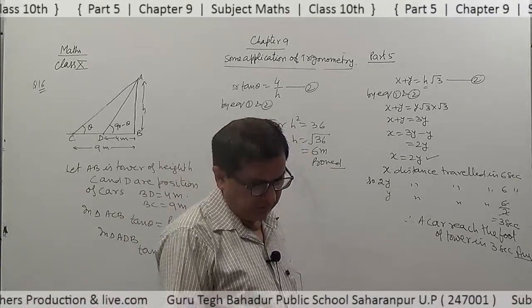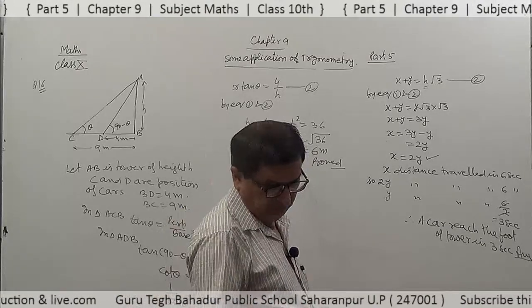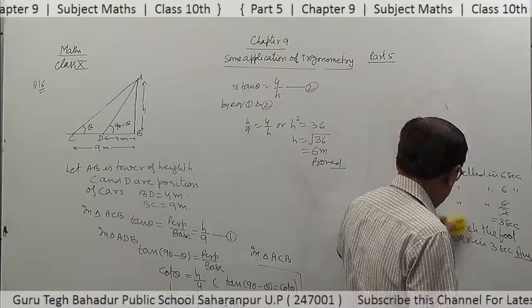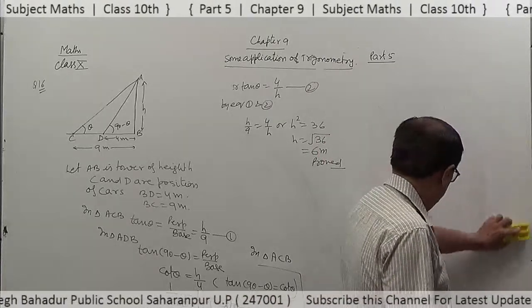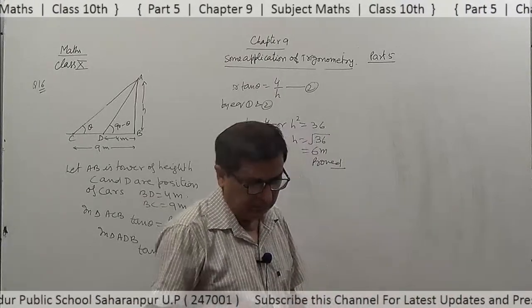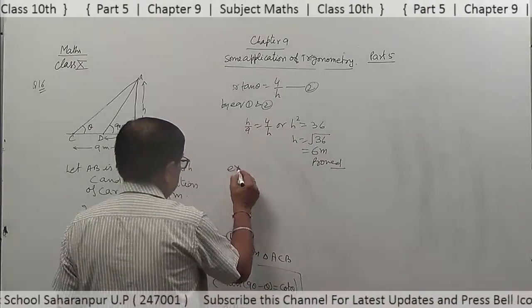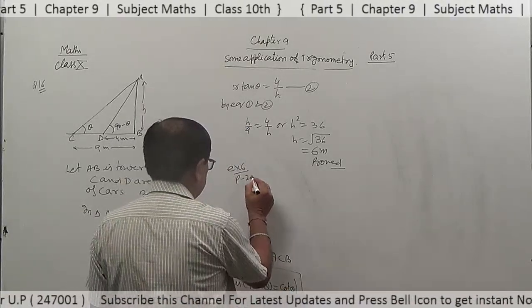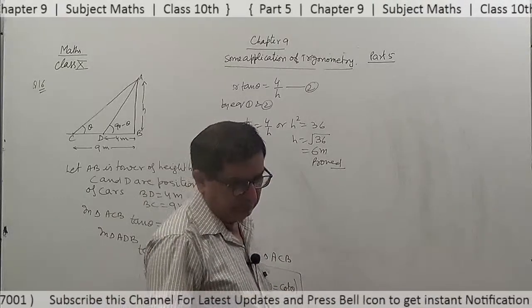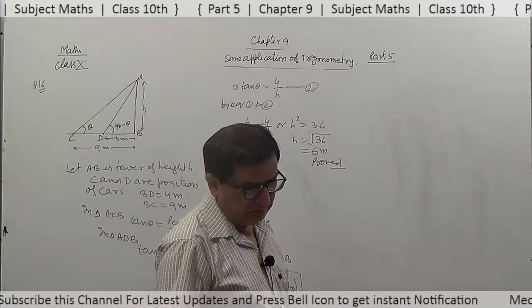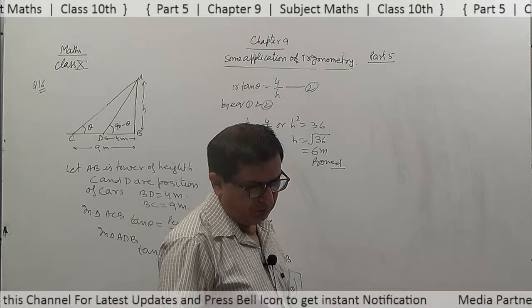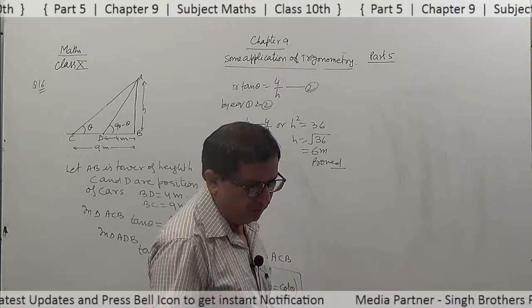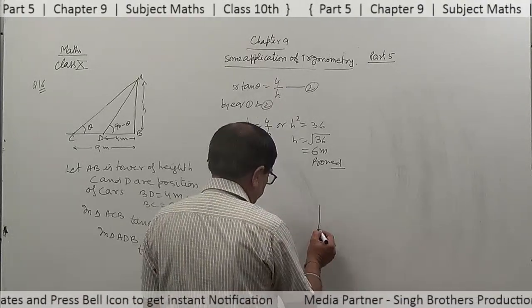Example 6, page number 202. The angle of depression of the top and bottom of an 8 meter tall building from the top of a multi-story building. This is the 8 meter building.